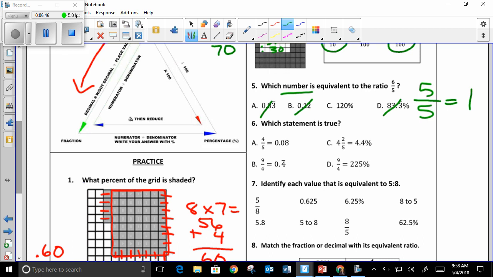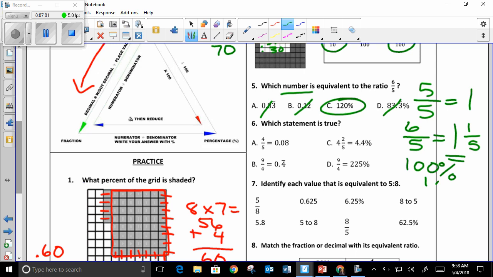So it has to be 120%. Why? Because 6/5, 5 goes into 6 one time with 1/5 left over. 1 equals 100%. 1/5 equals what? 20%. So that's 120%.